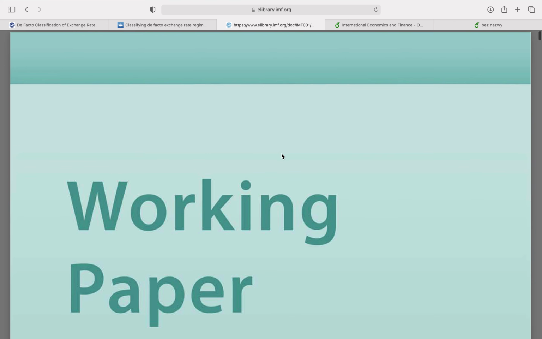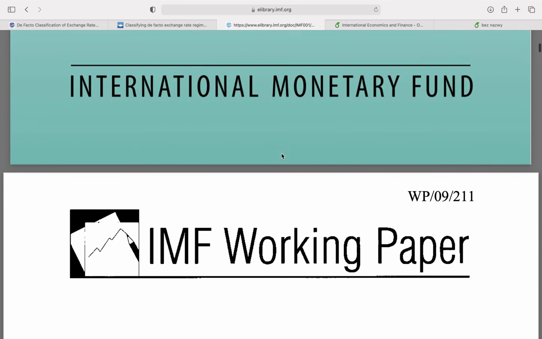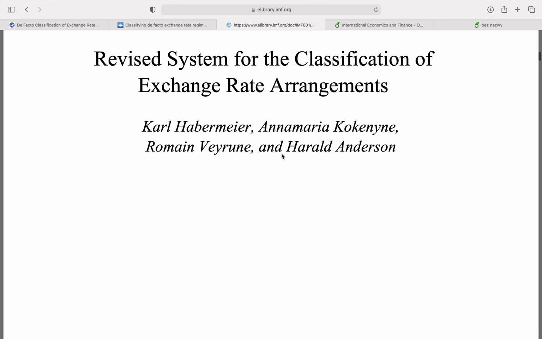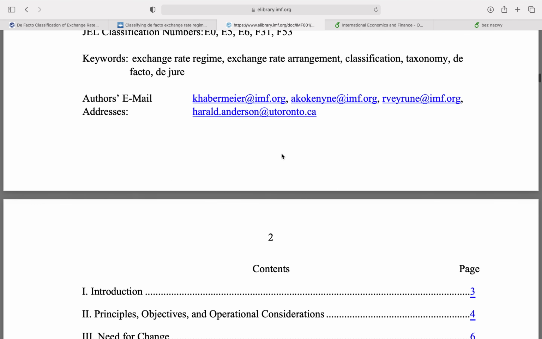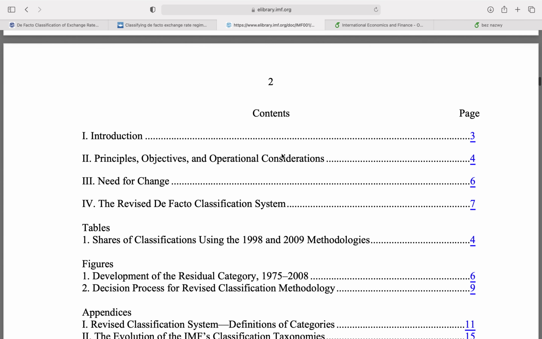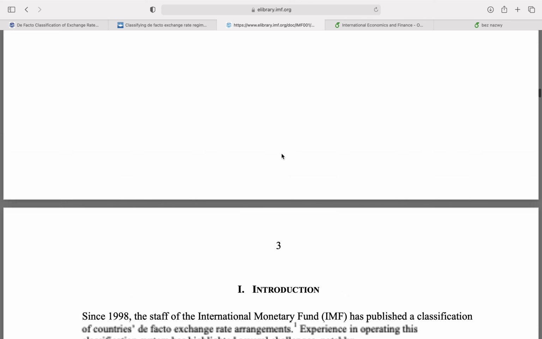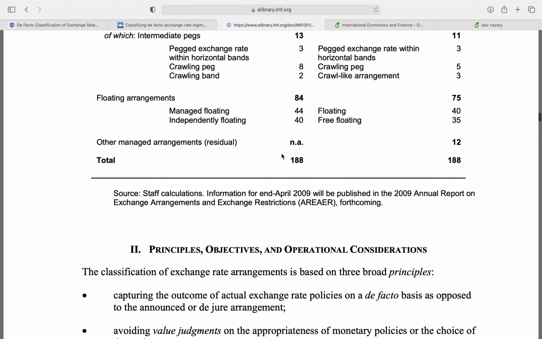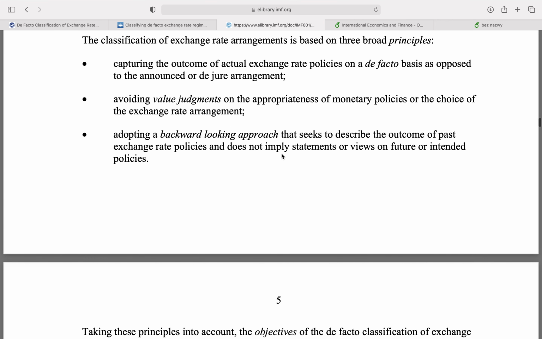Here, I would like you to see a rather old working paper that provides a very detailed classification of exchange rate regimes in accordance with policy objectives and the actual legal framework announced by the countries.